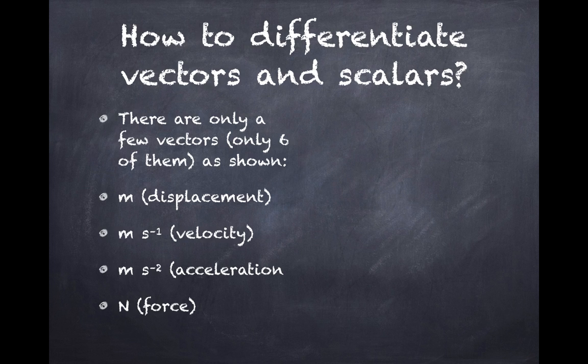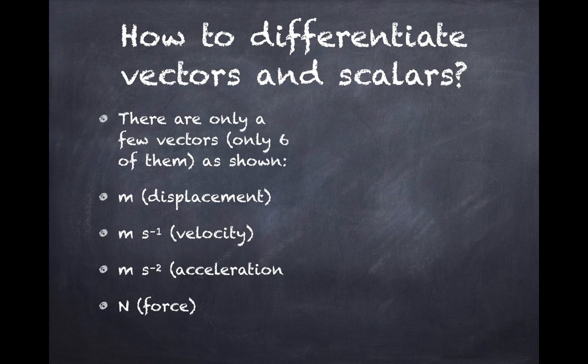All three of them have cousins, which I'll speak about later. The fourth unit is Newton, which is force. Displacement, velocity and acceleration have cousins called distance, speed and acceleration as well.